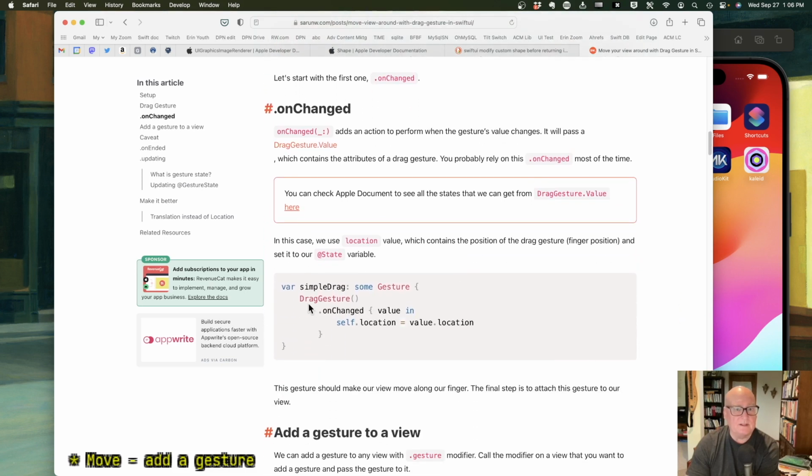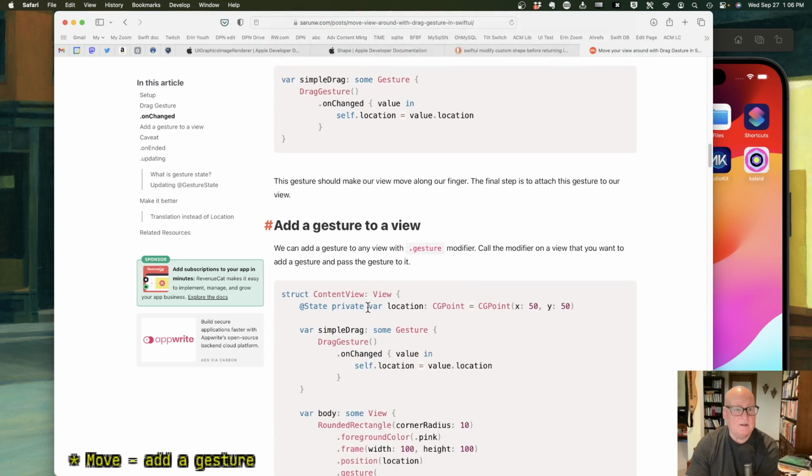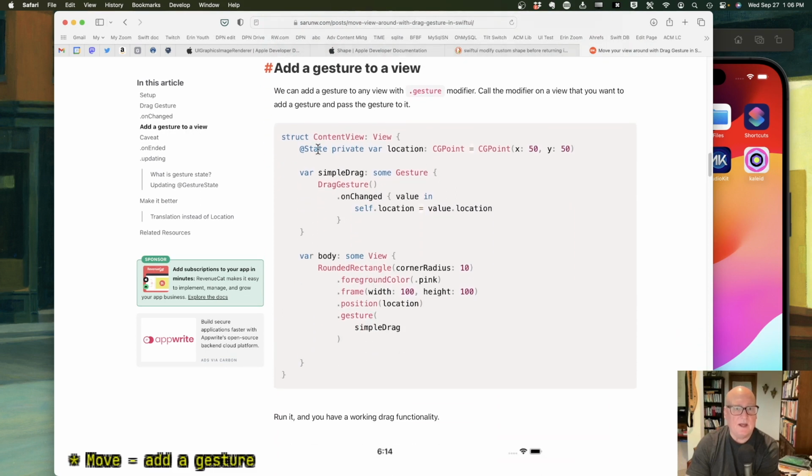And then we've got to listen to onChanged. Okay. And then once you have that, you can put it in the view on gesture on the thing. I don't know if that's, we'll have to see. All right.